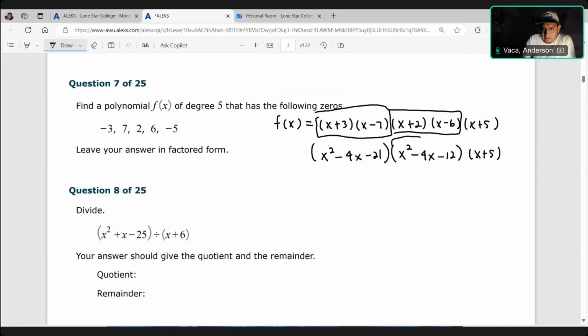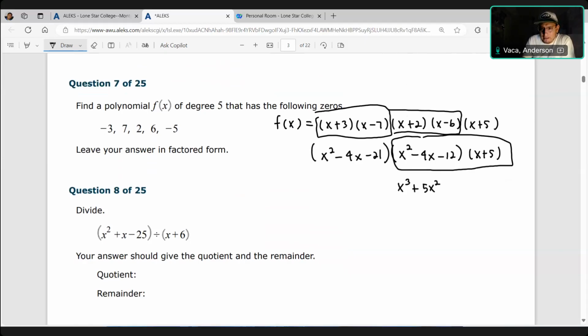I'm just going to take care of this right now, which will be, let's see, x cubed plus, or let me take that back. Yeah, plus 5x squared.